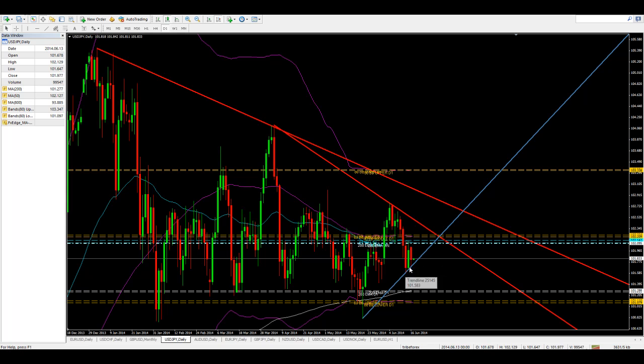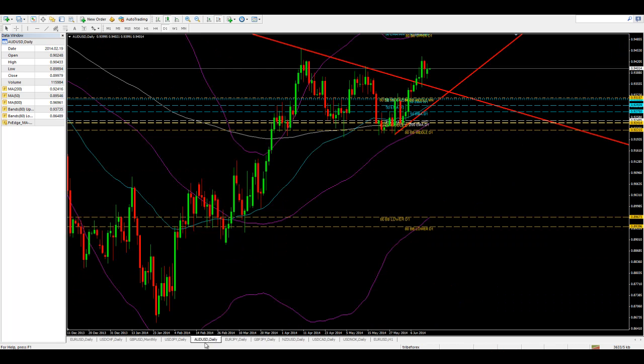Based upon what I'm looking at here, I'm going to probably look for a bounce up at 101.73. That's going to be our area of support in that vicinity. And we're going to be looking for some resistance at 102.10. Okay? And that's what we have as far as that's concerned. Consolidation on the dollar yen.